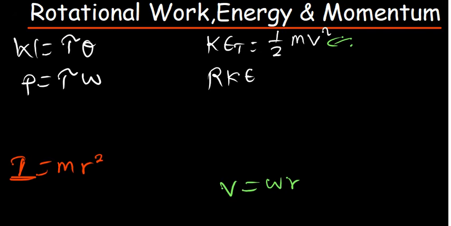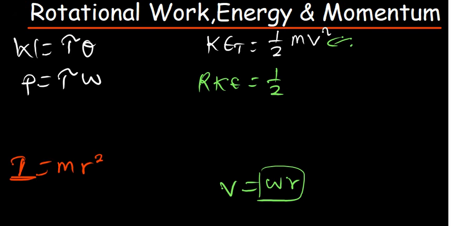I can replace v with wr so that I now move from translational kinetic energy to rotational kinetic energy. So I'll say rotational kinetic energy will be half the mass times v squared. Now I can replace v with wr, so it's going to be wr, but I have to square this.